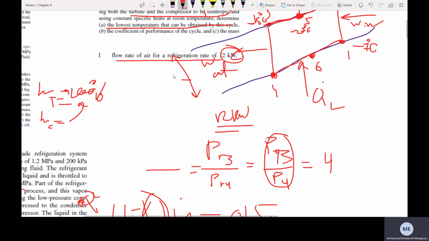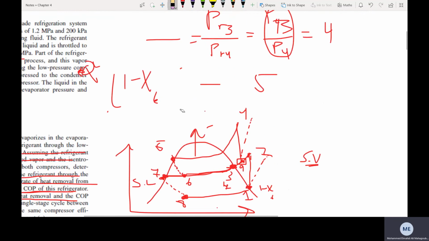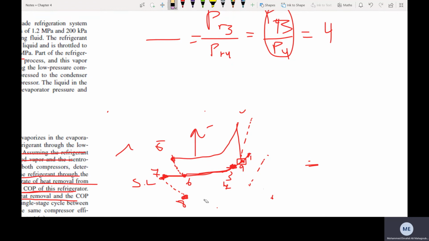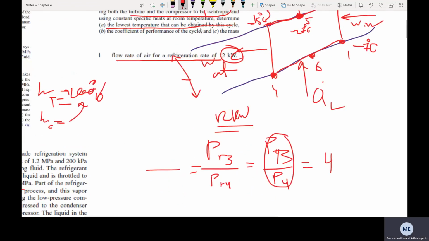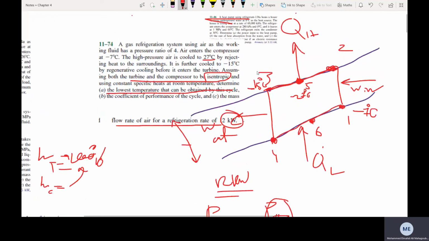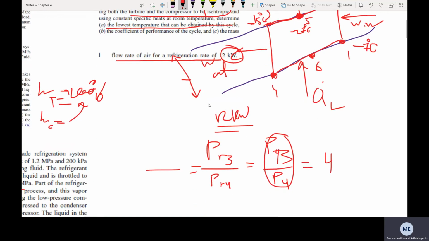And I also have relative pressure 3, because I have the temperature there. Let's go to that temperature, which is -15 degrees Celsius. -15 degrees Celsius for air is equivalent to what in Kelvin? It is equivalent to 258 Kelvin. So 258, I'm going to take it as 260, just for convenience.